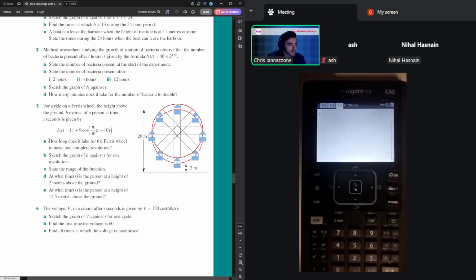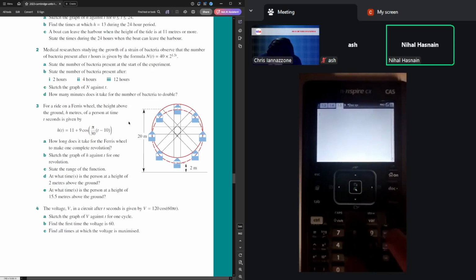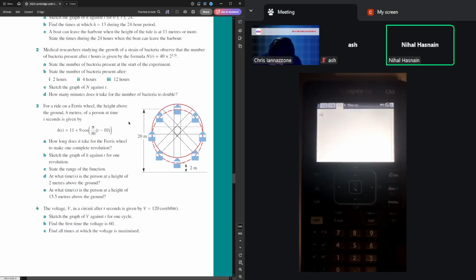Nice. But for part A, how long does it take for the Ferris wheel to make one complete revolution? There's a certain way of calculating how long it takes to complete a single cycle for any circular function. It's the period, so yep, 2 pi over n, and n is going to be pi over 30.